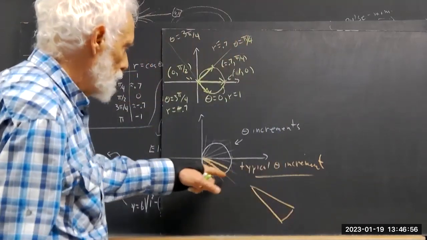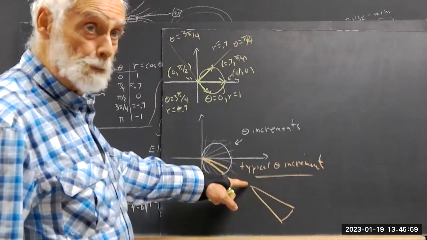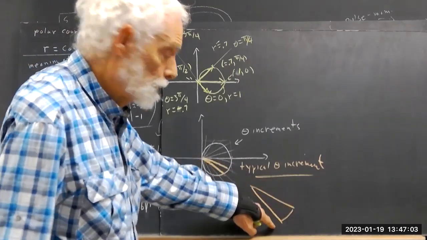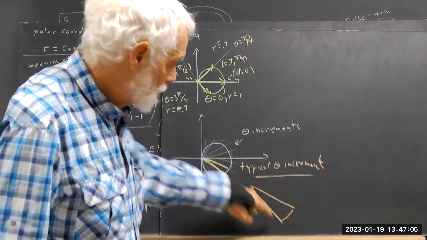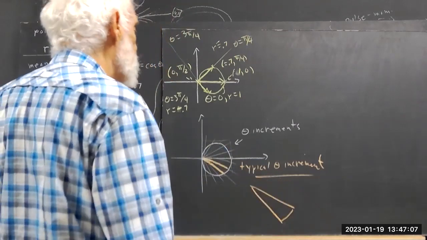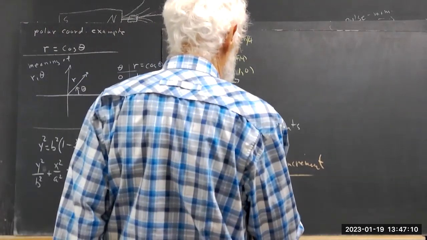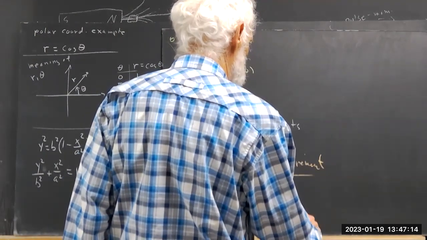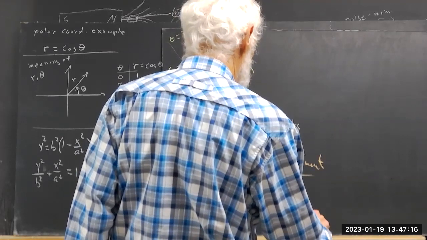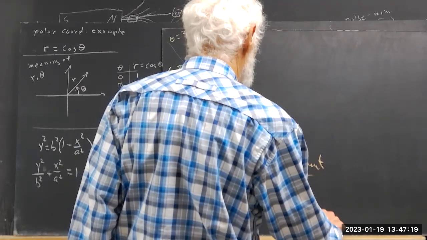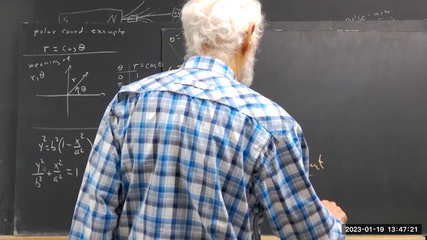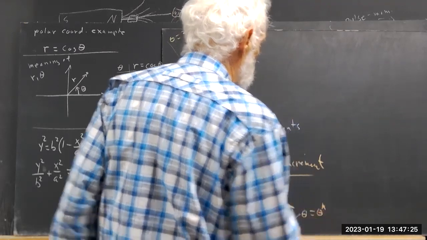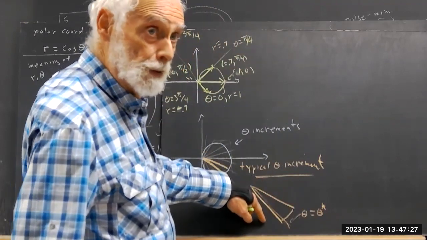It's not the arc of the circle centered at this point, so it's going to be narrower here than it is here, or this distance is going to be a little less than this distance. This is some angle theta between this angle and this angle.